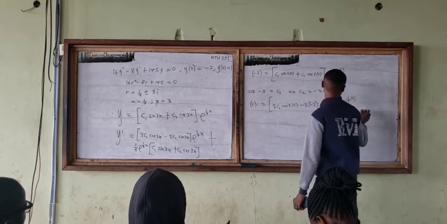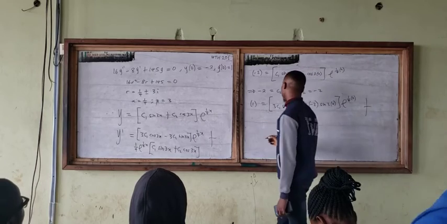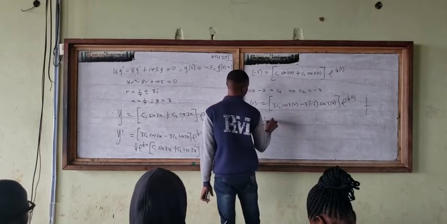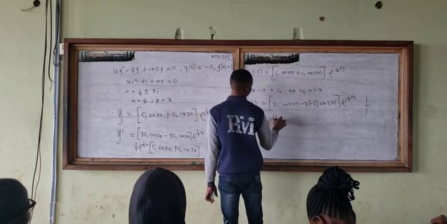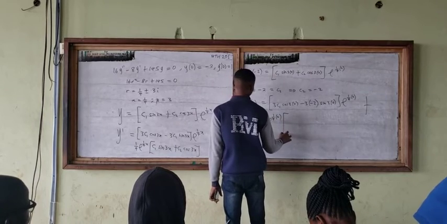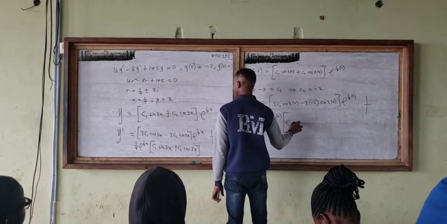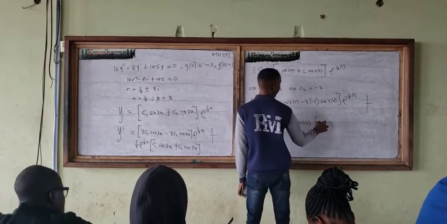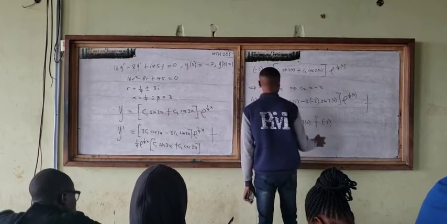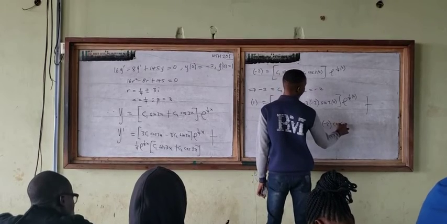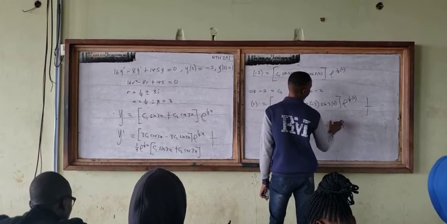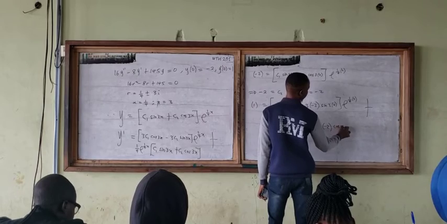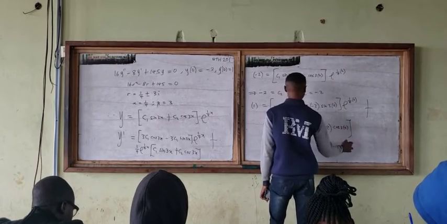Plus 1 over 4 e to the power 1 over 4 into 0, times c1 sine 3 into 0 plus c2, which is minus 2, cos 3 into 0.